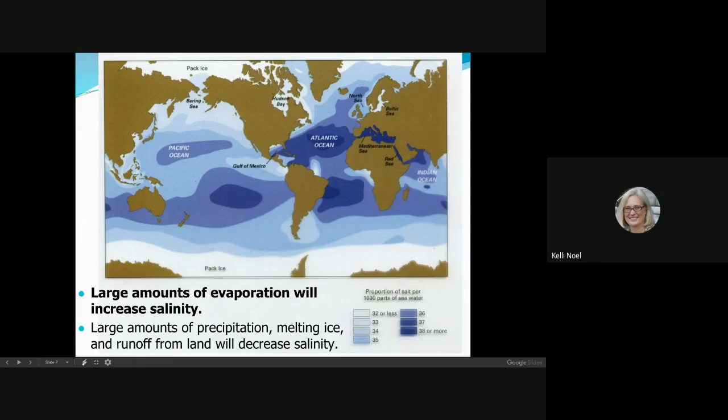Evaporation will increase goes in that blank. The second one, large amounts of precipitation, that's any type: rain, snow, sleet, hail. Melting ice and runoff from land will decrease salinity.